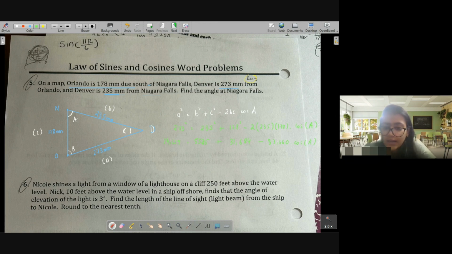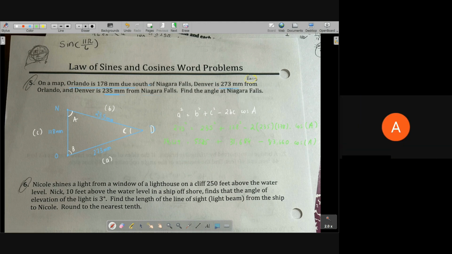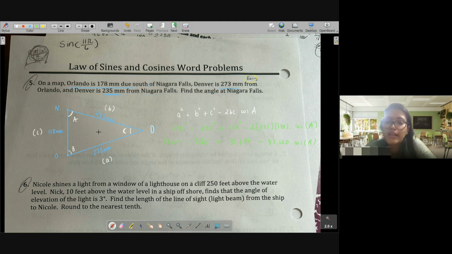Okay, let's subtract. I think these are now just calculations. 74,529 minus 31,684 minus 55,225 should be negative. So you'll get negative 12,380 is equal to negative 83,660 times cosine of A. So divide both sides by negative 83,660 and then take cosine inverse.